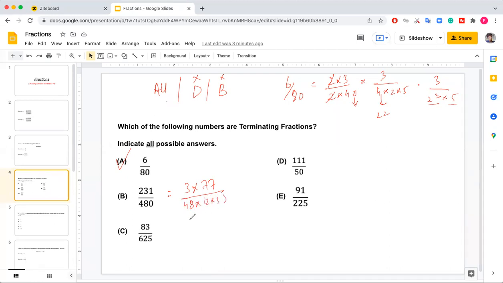And the 48, this is 2 power 4 into 3. Yes, 2 power 4 into 3. Now 3 and 3 will cancel out. So in the upper part we have 77 and in the lower part there are just multiples of 2 and 5. Any multiple, doesn't matter. So this is also a terminating fraction. Right?